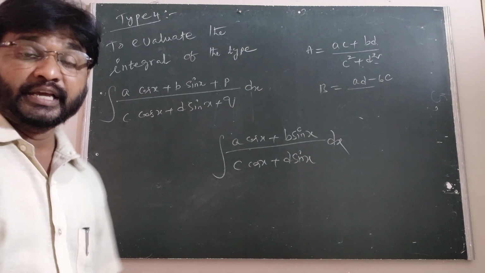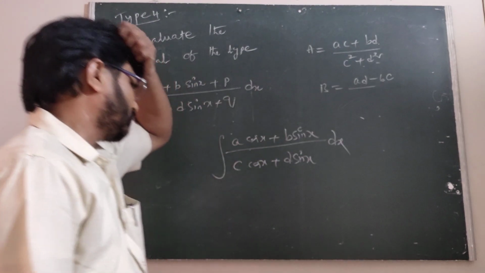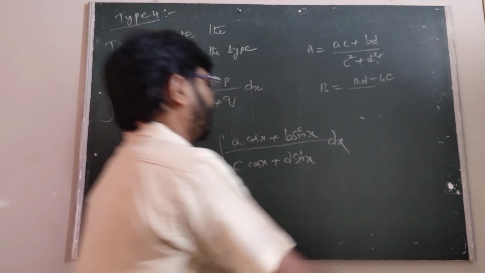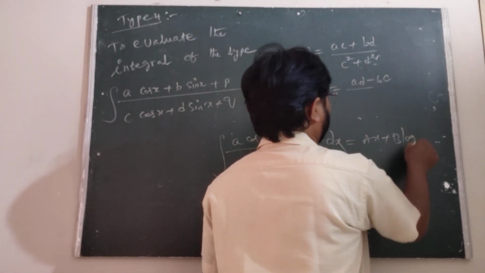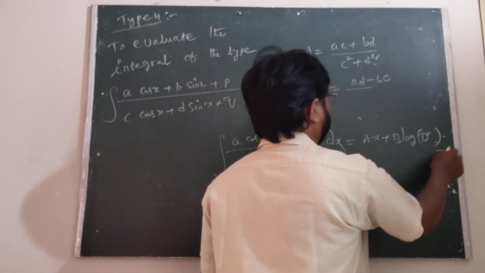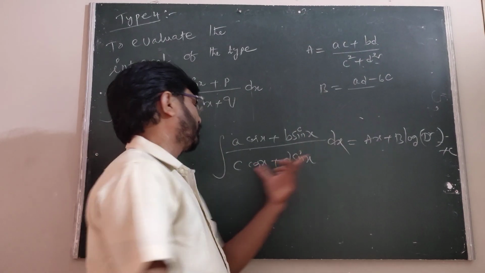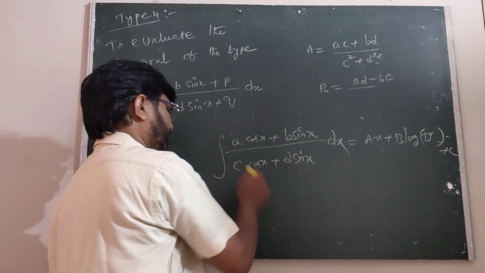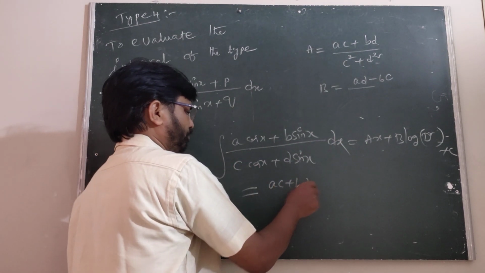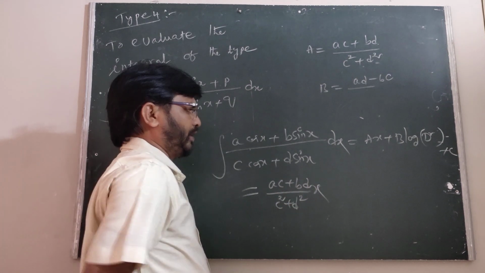Is it okay? Integral a cos x plus b sin x upon c cos x plus d sin x is of the form A x plus B into log mod of the denominator plus c. The value of A is ac plus bd by c square plus d square, into x.